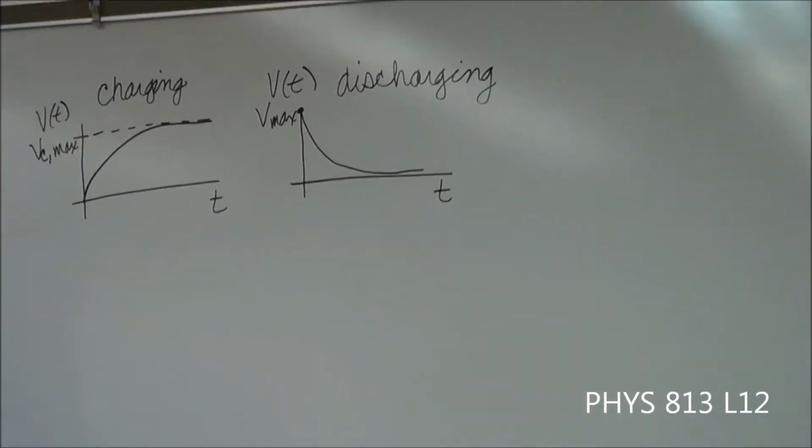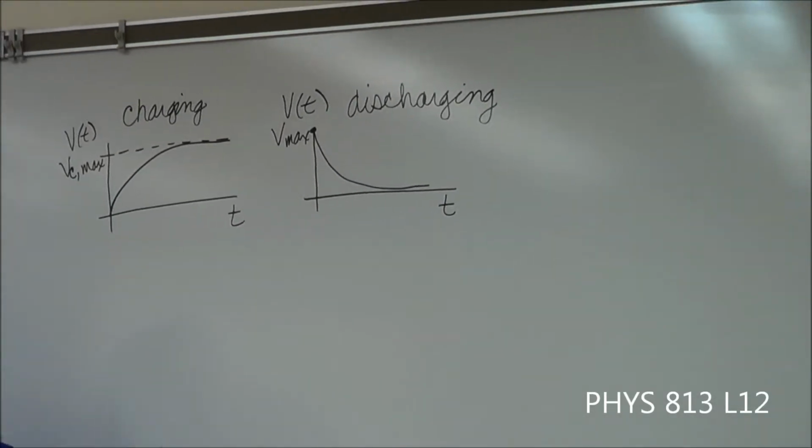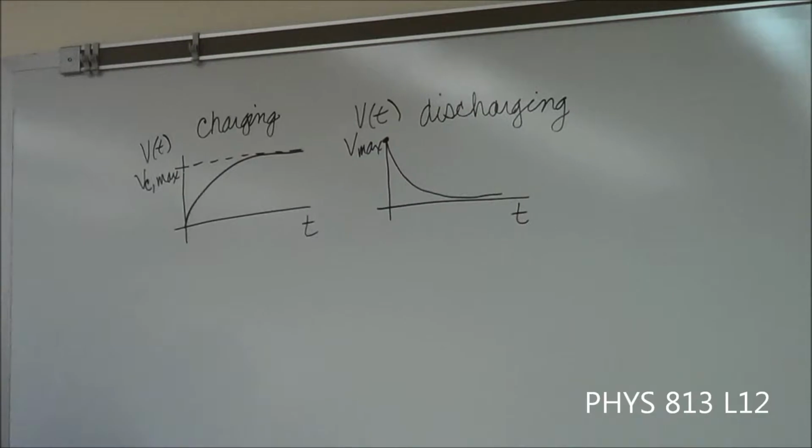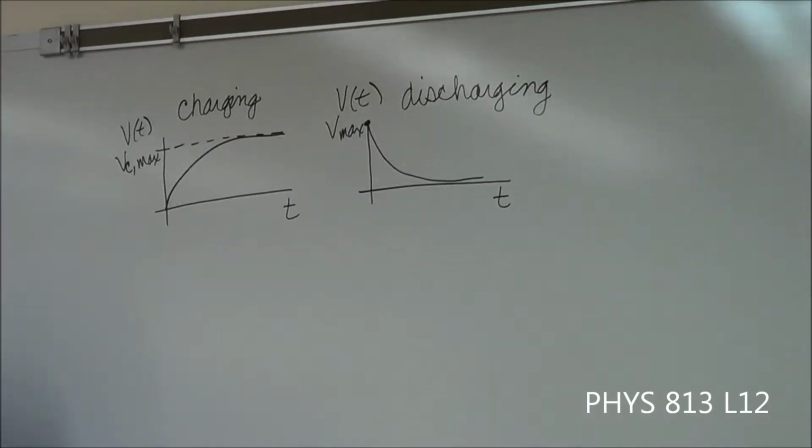What we did here in lesson 7 was using a power supply, so it was direct current. The current went in one direction, and that was all. Now, we're going to do something a little bit different.